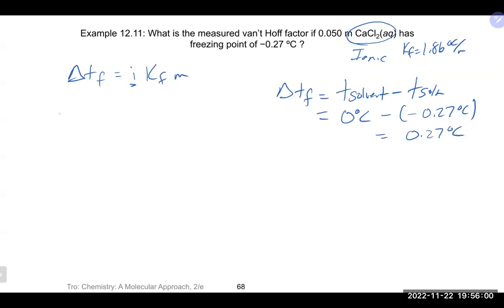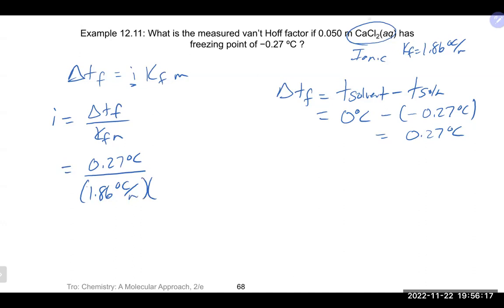So we will then solve for i, which would be the change in the freezing point temperature divided by Kf times m. That would be 0.27 degrees Celsius divided by 1.86 degrees Celsius per molal, times the molality. In this case, it gave us the molality of that solution, 0.05 m.